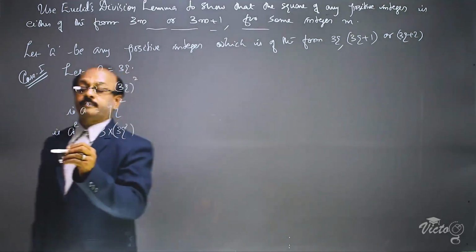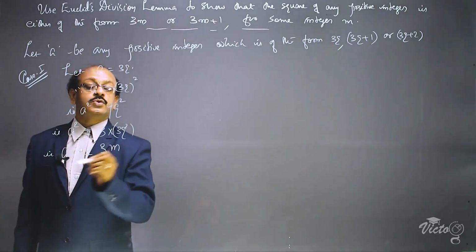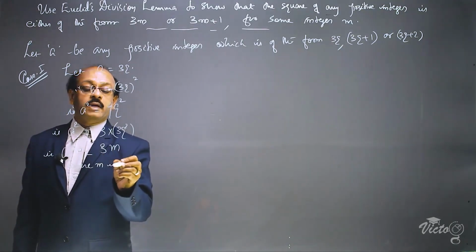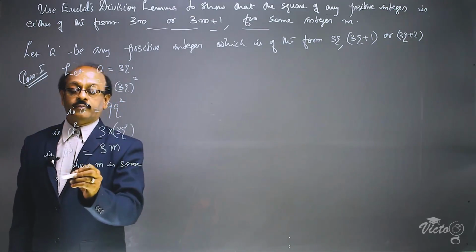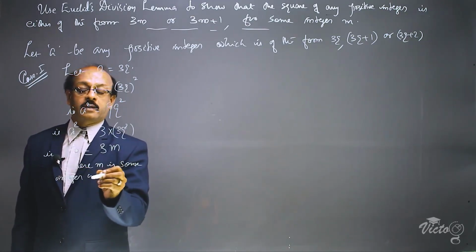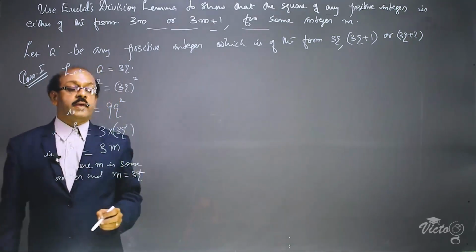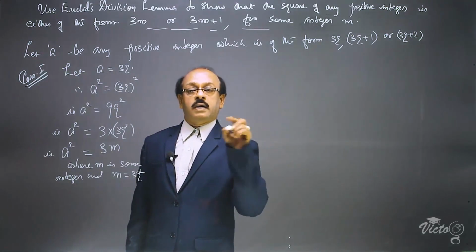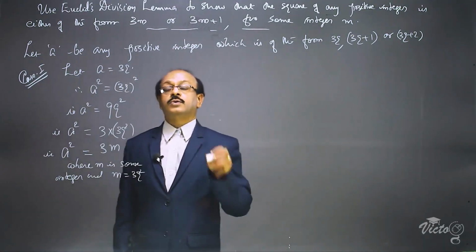That is, a square is equal to 3 into m, where m is some integer and m is equal to 3q square. That is, we are assuming the value of 3q square to be another integer m, so that a square is equal to 3m.